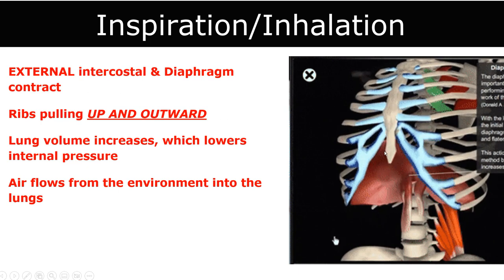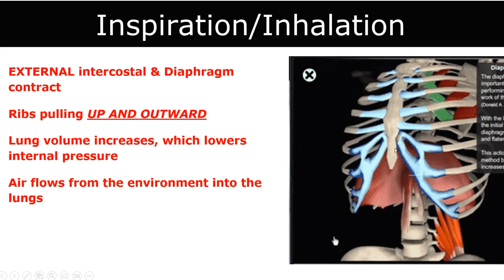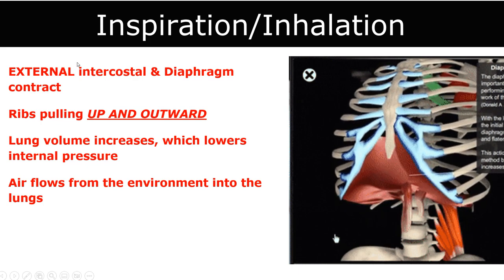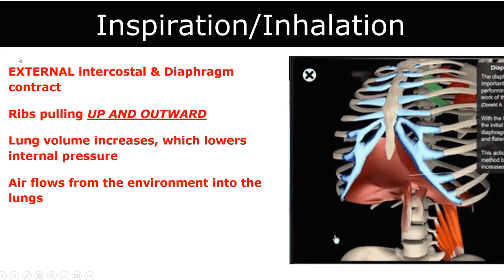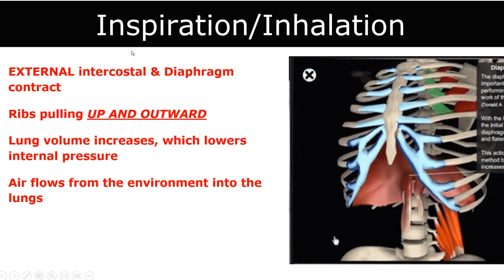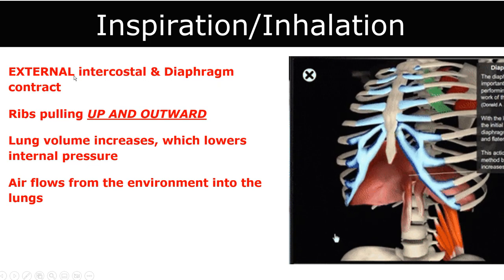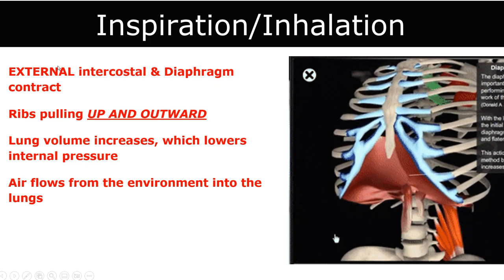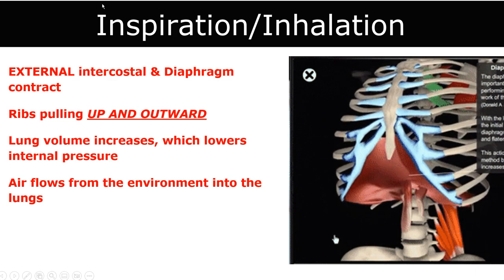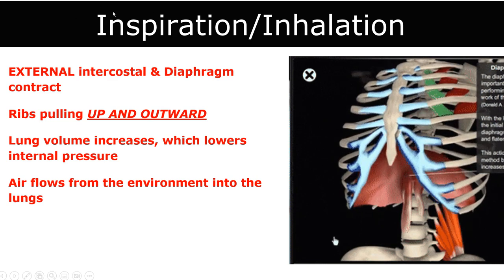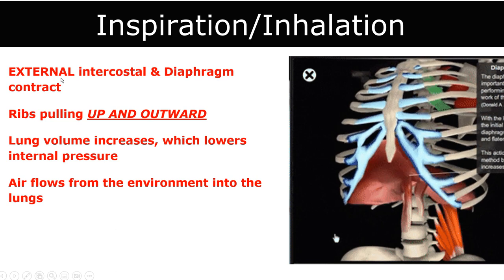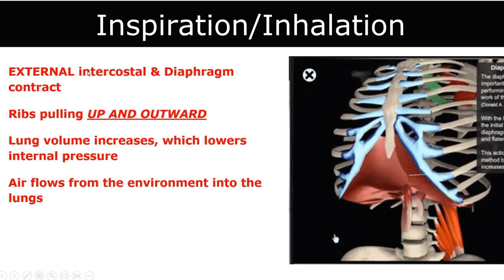When you inhale, your diaphragm is contracting. And when you inhale, it's the external intercostal muscles which are contracting. I try to remember that these are basically inverses. When it's inspiration, when I'm breathing in, it's the external that's contracting and also the diaphragm.